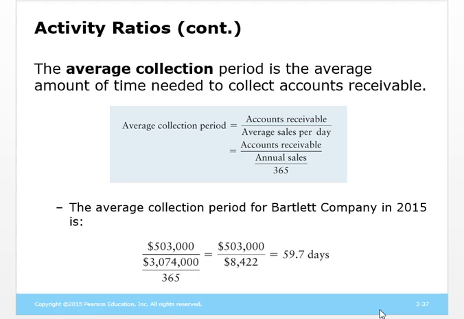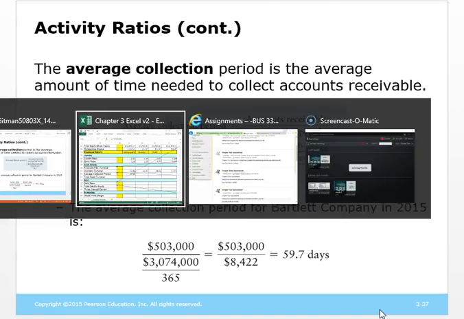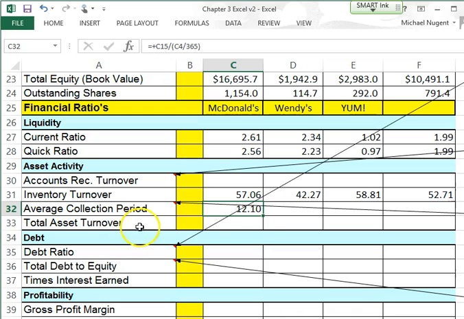Does anybody have Wendy's? Yes. Result. And 736. Perfect. Okay.